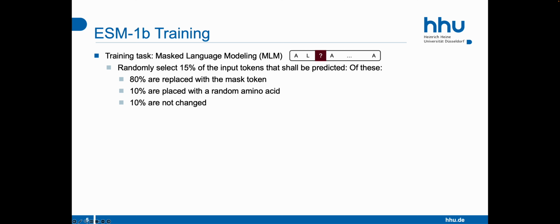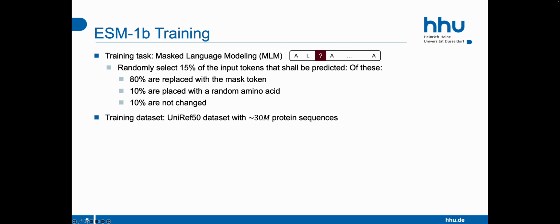And even if not all of the selected tokens were masked, they still trained the model to predict the true amino acid type for all of those tokens. This approach was compared to the approach where all of the selected tokens were masked, and it was found that using this approach led to slightly better results, but the difference was not very big.